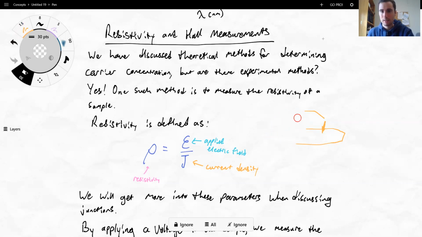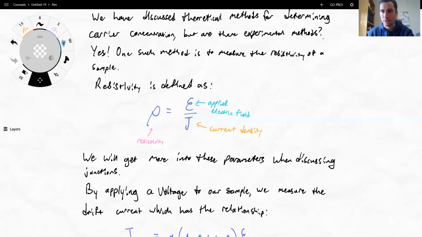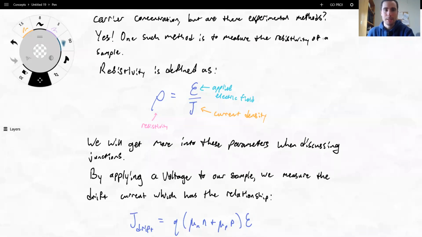All right, let's get rid of this. And we'll talk more about resistivity and drift and currents and all that in the next couple of lectures. But for now, let's just take this as it is. So resistivity is defined as the applied electric field divided by the current density.